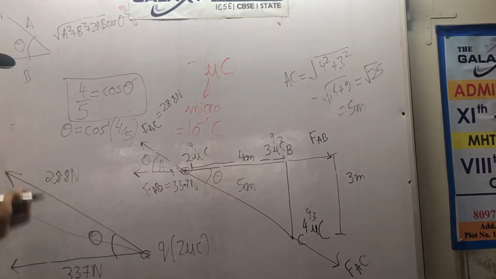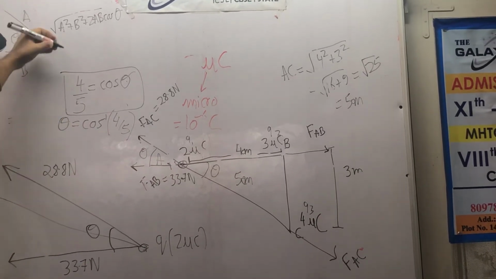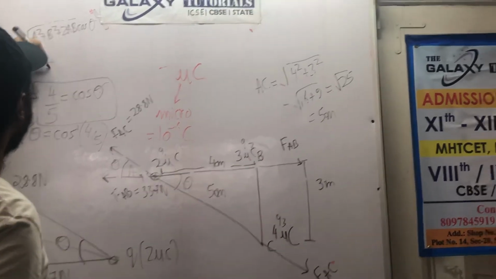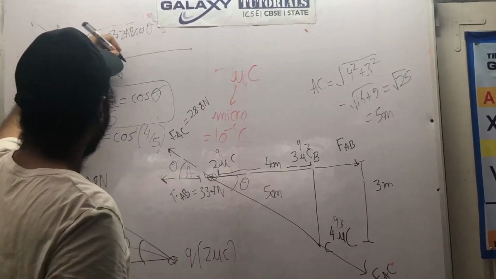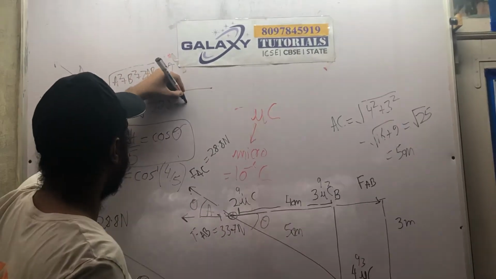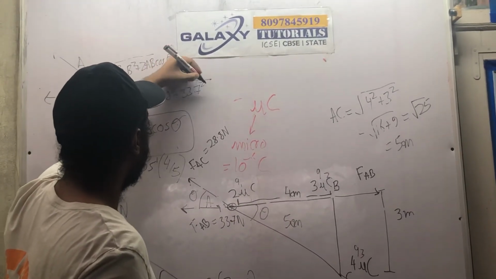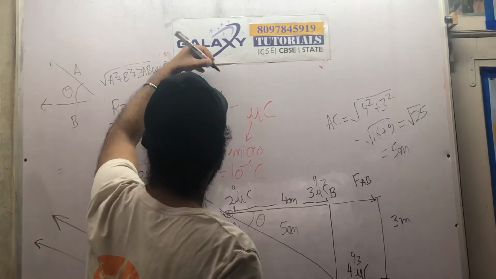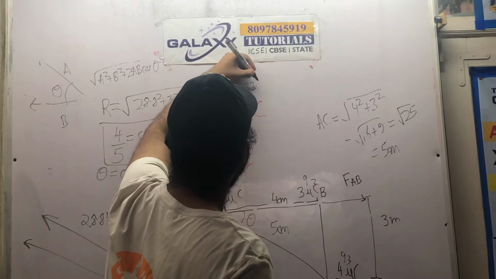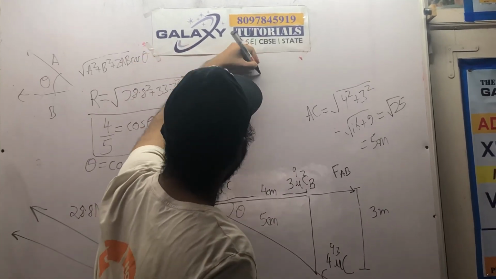Okay. So now you will simply substitute the values. So I will put here according to triangle law, resultant force R is equal to under root 28.8 square plus 33.7 square plus 2 into 28.8 into 33.7 into cos theta.